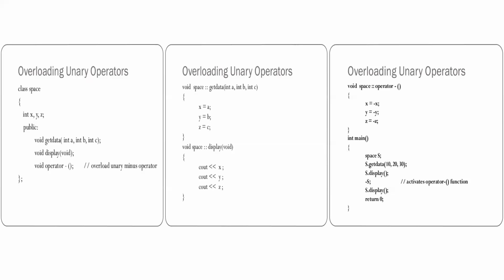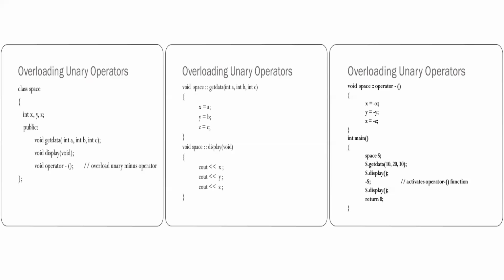Compare this with when you write int a and minus a; we can easily do that, there is no problem. I have done the same thing with the help of the object and the class. Space s. s is an object which holds what? The functions and the member functions, the data members.